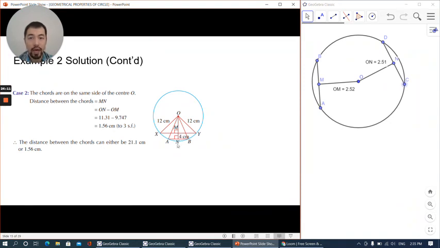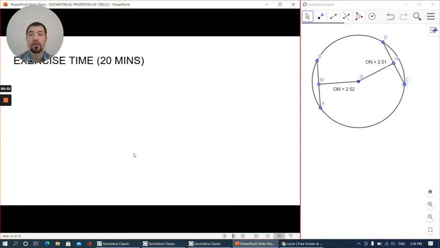So it's ON minus OM equals 1.56. So the distance can have two answers, either 21.1 or 1.56. All right. Any questions here? If no questions, then we can go for exercise time.